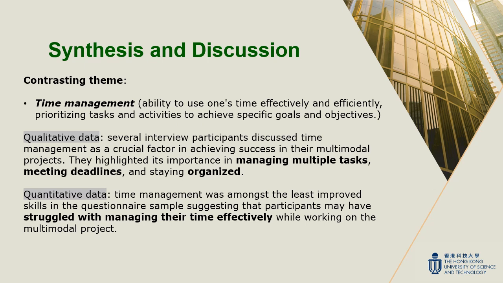However, our quantitative sample seemed to struggle with managing their time effectively, and they did not improve much in this regard. It is possible that the qualitative sample was high achievers and the quantitative sample was at a more intermediate level. That's why their learning styles were different and their time management skills were also different.